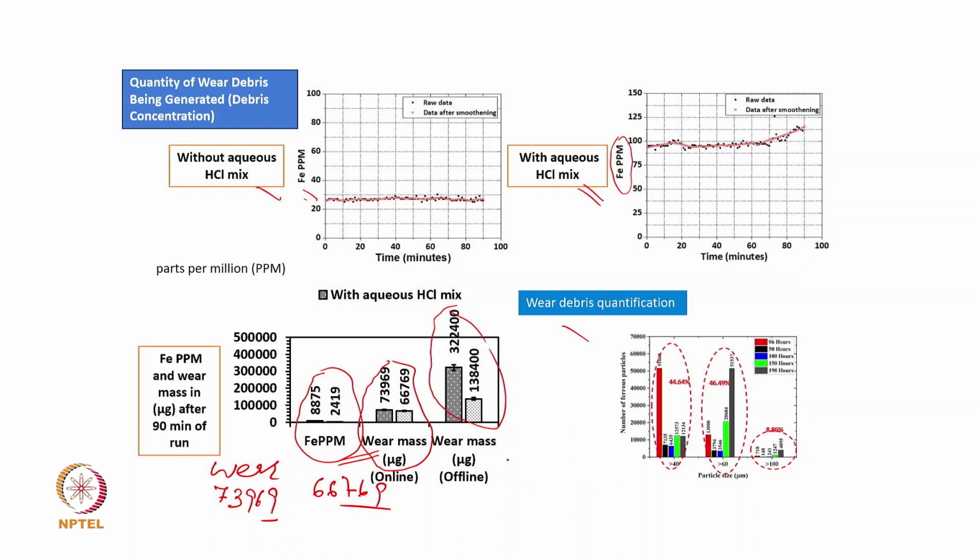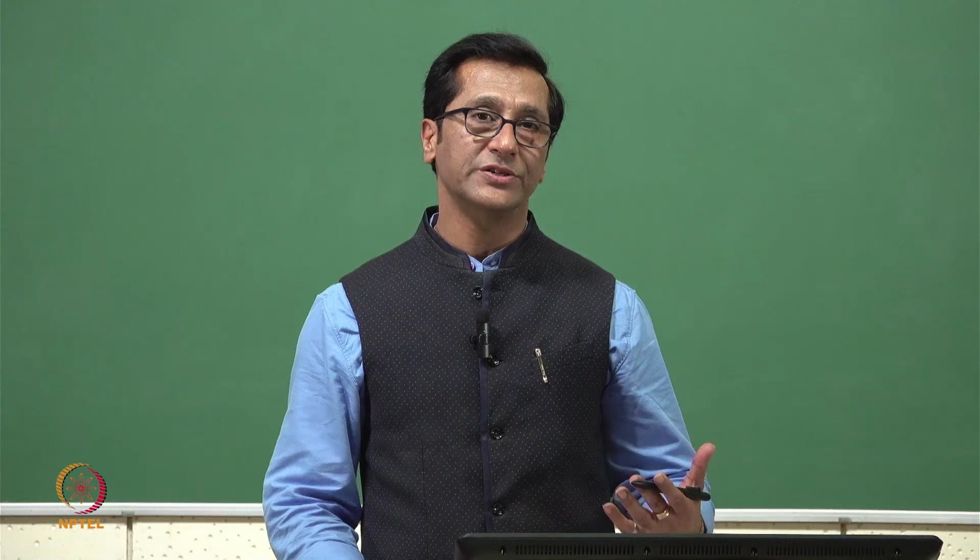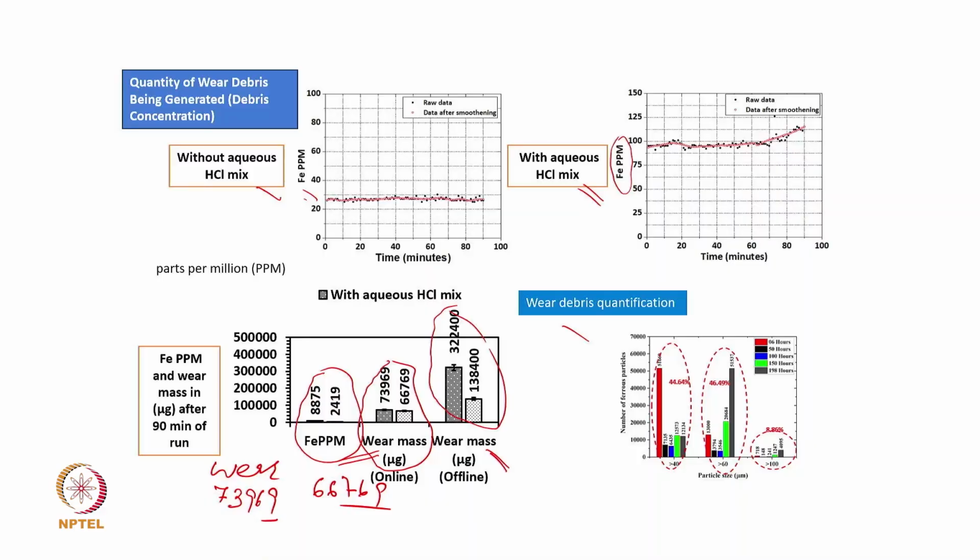When we go offline, not the wear debris sensor, but where we are collecting oil and then filtering it, and comparing by gravimetric analysis, we find that with HCl the variation is huge. The numbers are something like 332400, while without HCl it is 138400. So there is a huge difference.